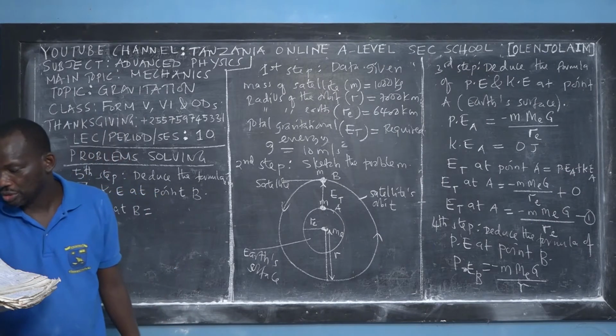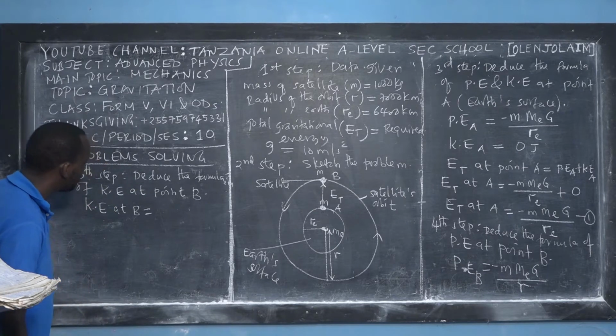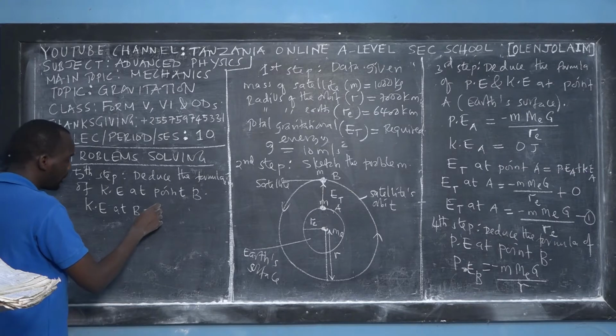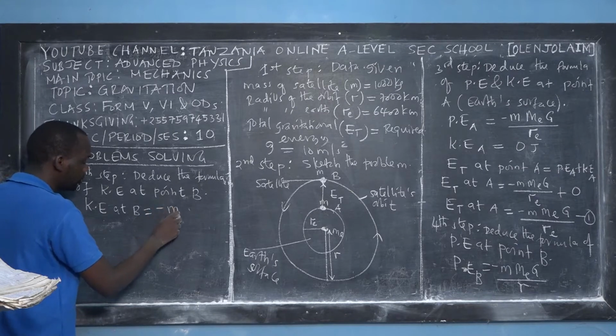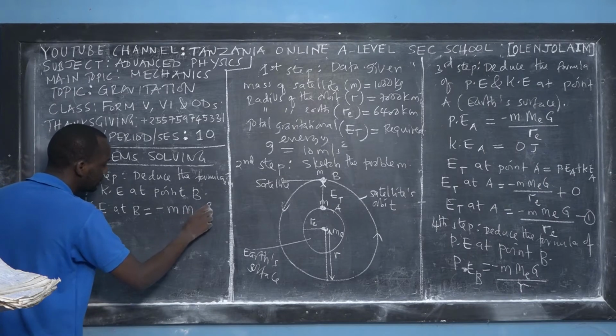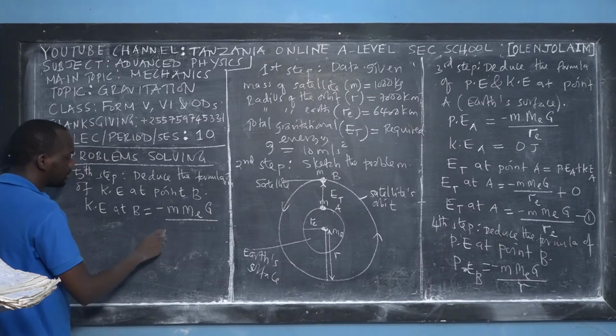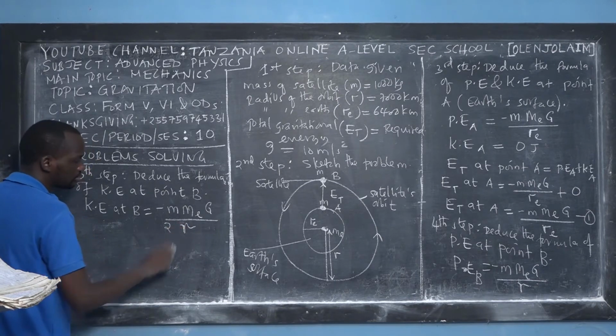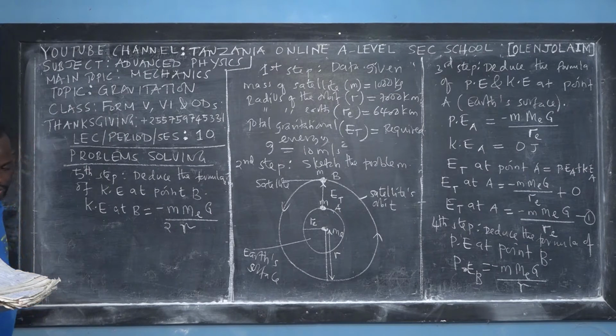Remember that I told you how to derive the gravitational kinetic energy. When we did the derivations, we obtained negative mass of the satellite, mass of the S, times the universal gravitational constant over twice, for this case, because it's point B, times R.